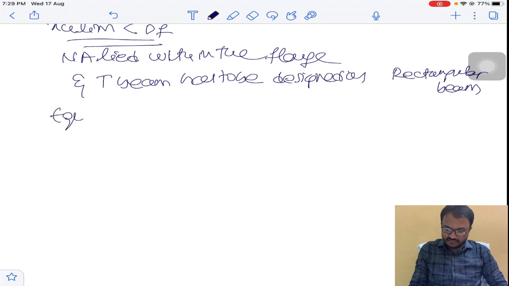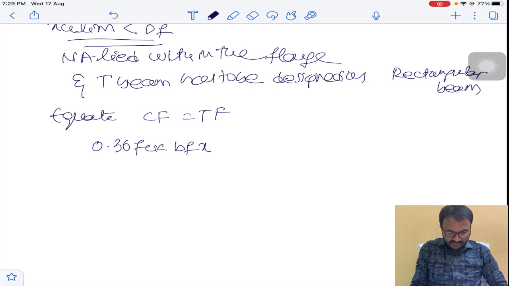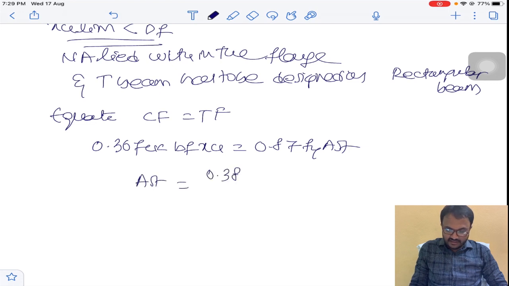So equate compressive force to tensile force. Compressive force is equal to 0.36 FCK BF into XU is equal to 0.87 Fy AST. So now here AST we can calculate for balanced steel: 0.36 FCK BF into XU divided by 0.87 into Fy.